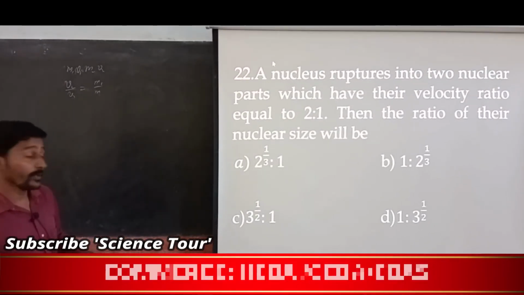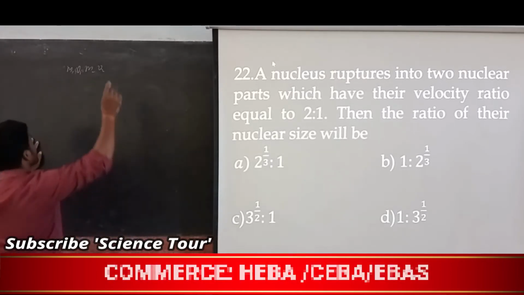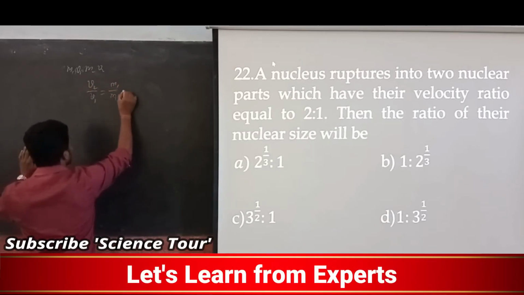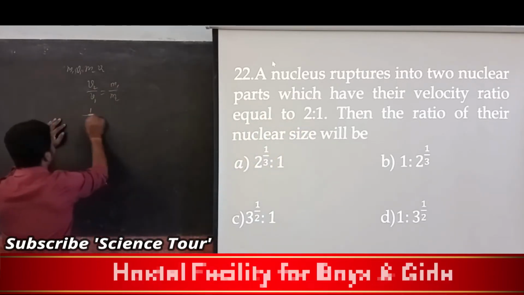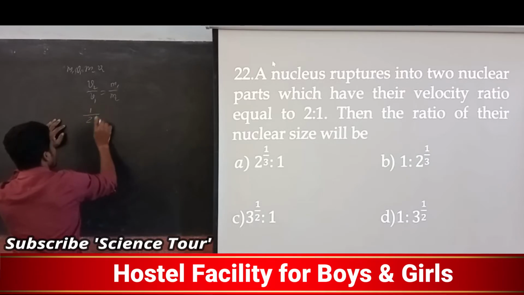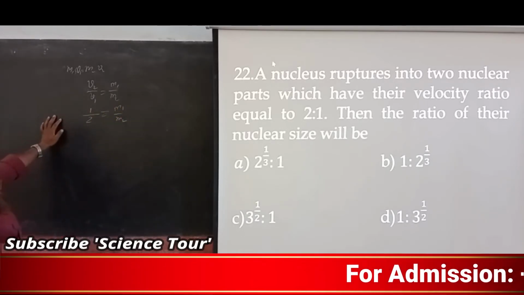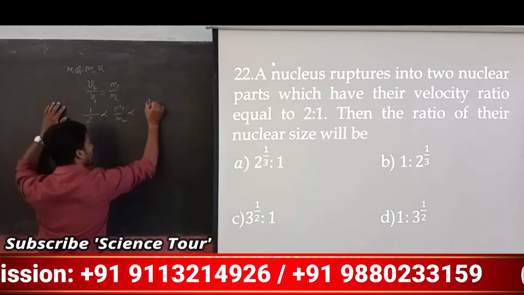We know that momentum will be M1V1 equals M2V2, right? So I can write V2 by V1 equals M1 by M2. V2 is 1 time V and V1 is 2 times V, which is equal to M1 by M2. M is directly proportional to A, so A1 by A2.